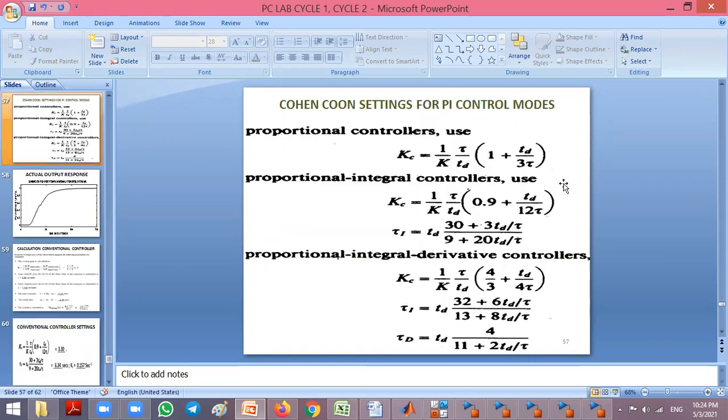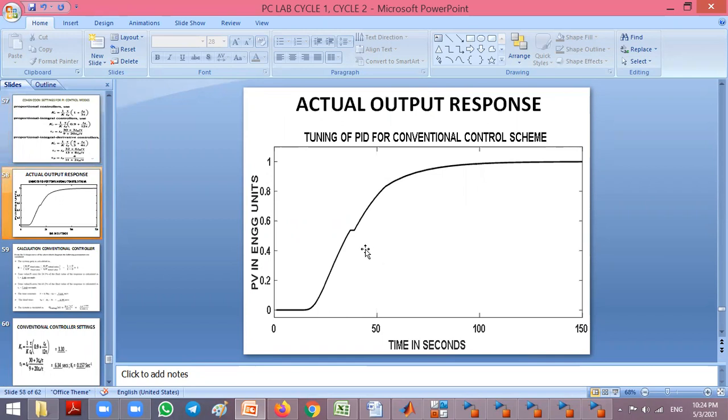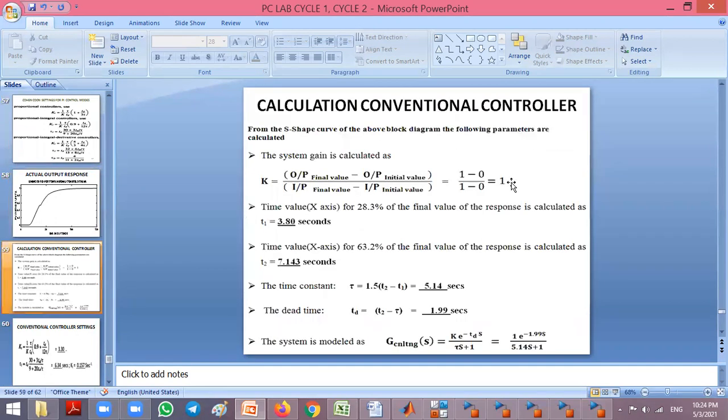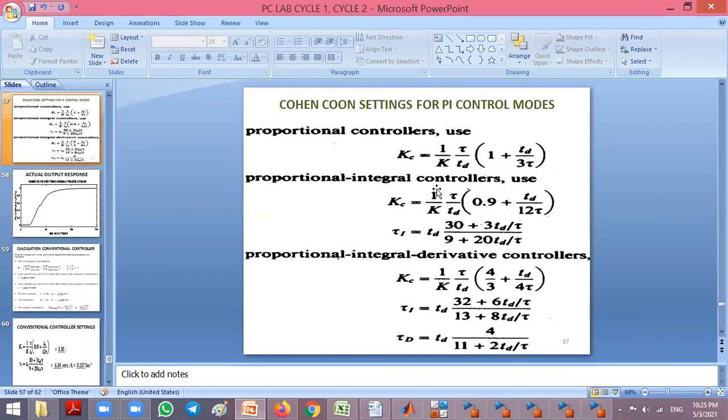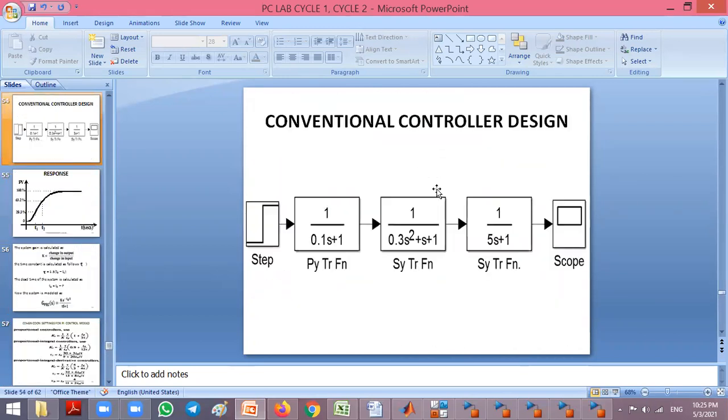Now you use Cohen settings, and again you choose PI mode. This is the tuning of PID for the conventional control scheme. In this it will settle at 1. Why is it settling at 1? Because there is no feedback for the secondary loop here.